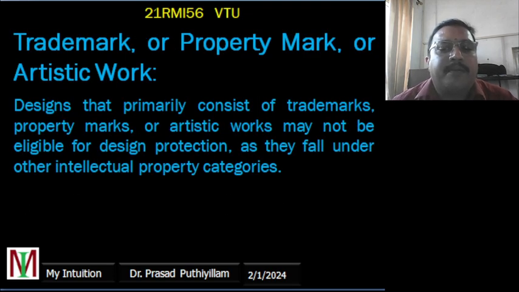Again, trademarks, property marks, or artistic work. These are designs which mainly comprise trademarks, property marks or artistic work. They might not qualify for design protection as they have their own intellectual property rights, like trademark. They can directly apply for trademark. Artistic work, they can apply for that.